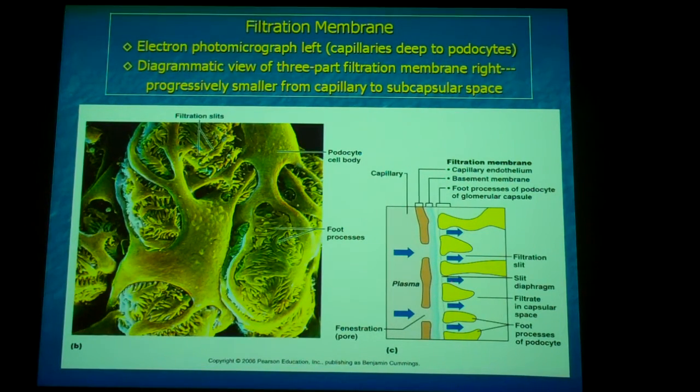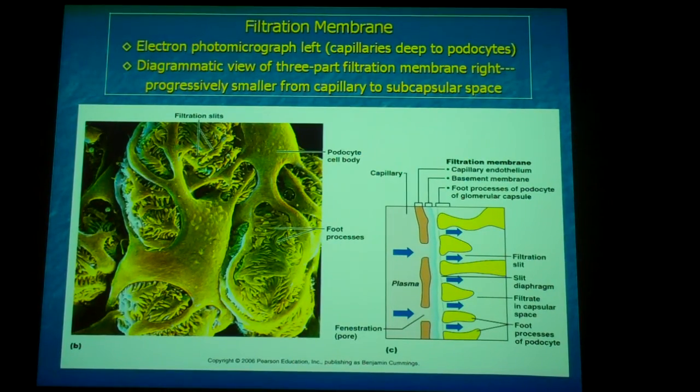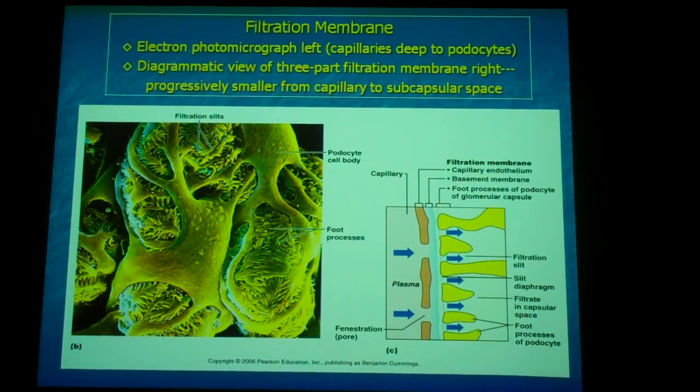And in yellow is that epithelium that's covering the capillary. And so these are foot processes here, stuck down on the capillary. But between those processes, there are little slits called filtration slits.